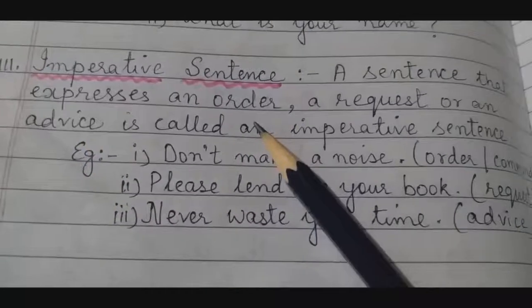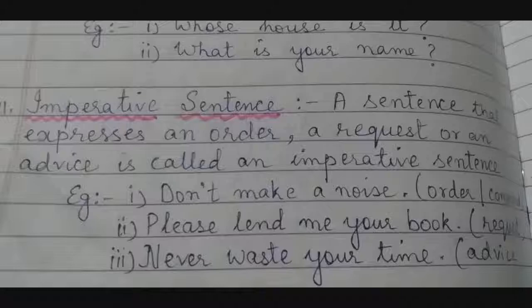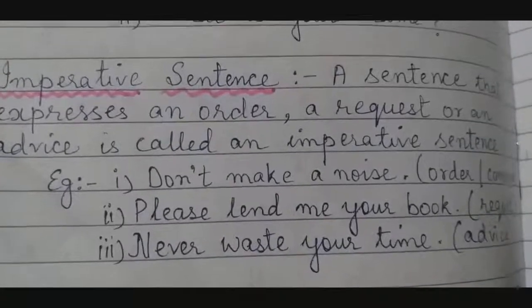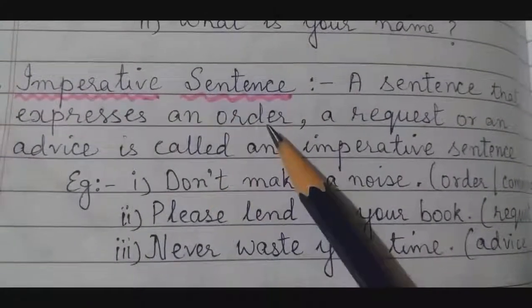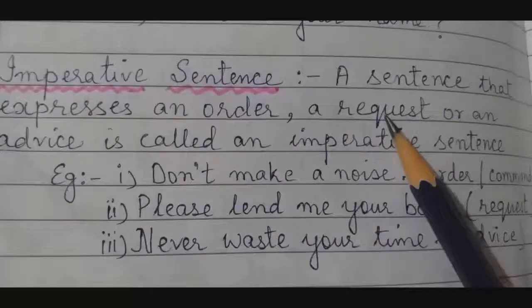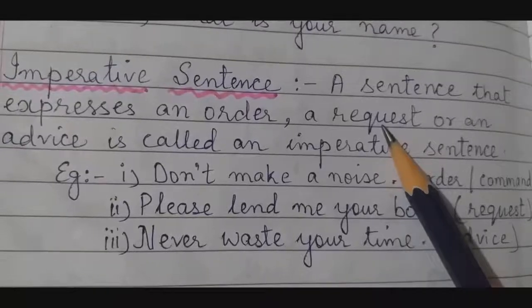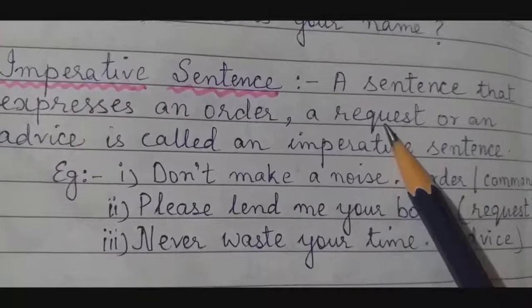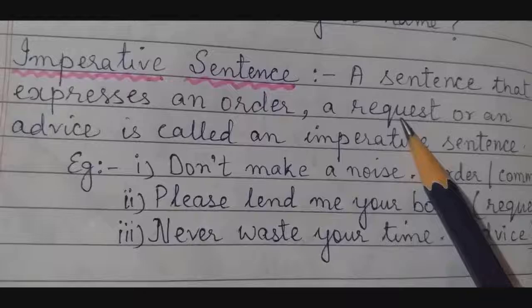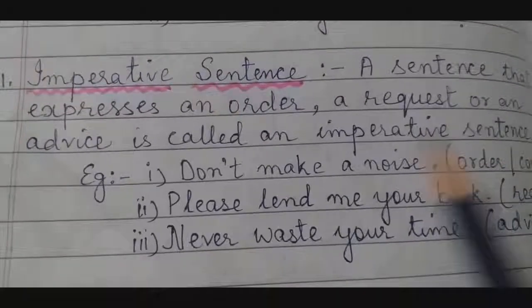Okay, now what is order? Order is hukum dena. Request means, किसी से request करना, जैसे हम बोलते हैं, please, हमारे लिए ये काम कर दो. That is called request. Or an advice.